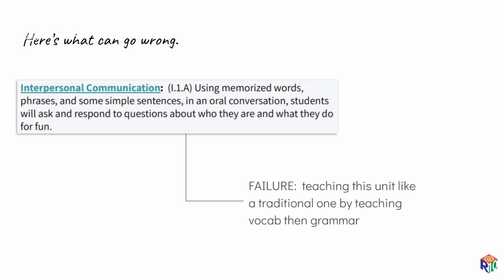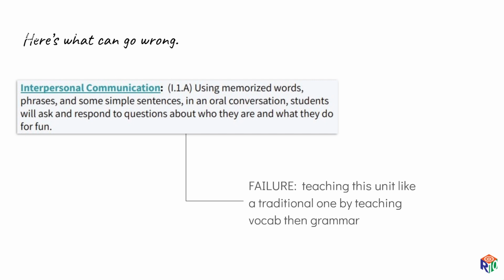Okay, so if I look at my thematic unit and I say, oh, okay, by the end of the unit, they're supposed to have a conversation with each other and ask and respond to questions about who they are and what they do for fun. If I try to teach my whole unit with vocabulary and grammar practice, kids are not going to be able to have a conversation by the end of the unit, okay?